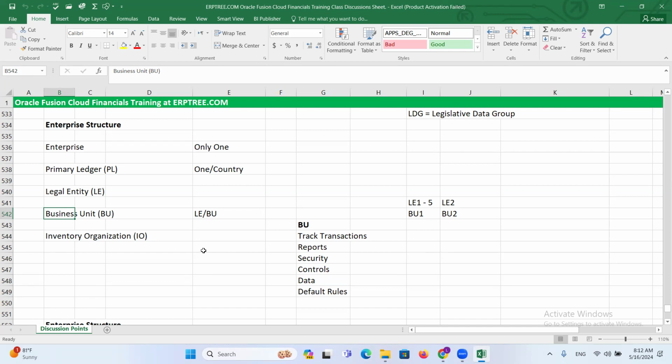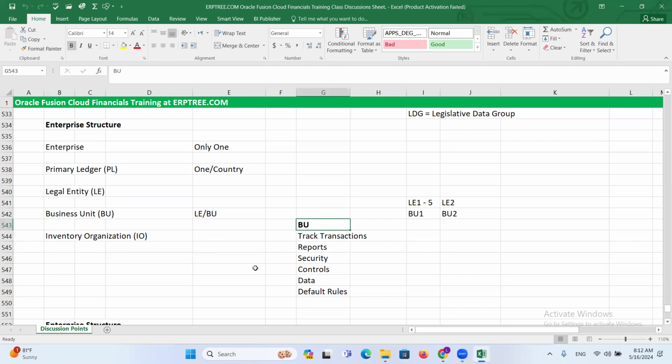Your client's business unit may be their legal entity, may be a different business, or may be the branch where they are operating the business. It could be anything. That is their decision. And for inventory organizations, it depends on how many real physical warehouses they have in the business. Accordingly, we have to design the inventory organizations.